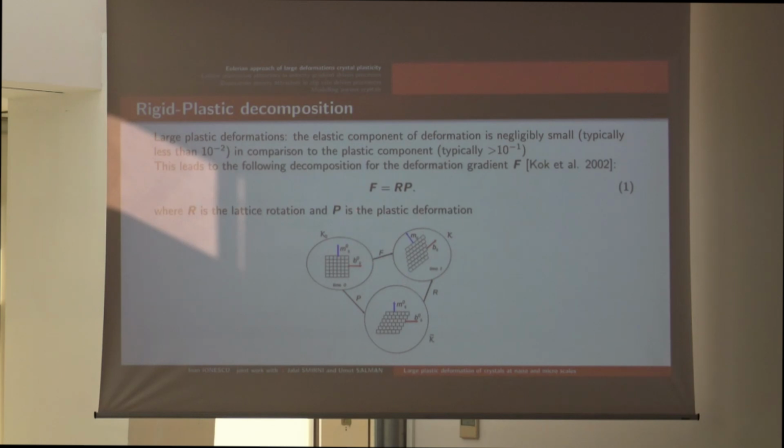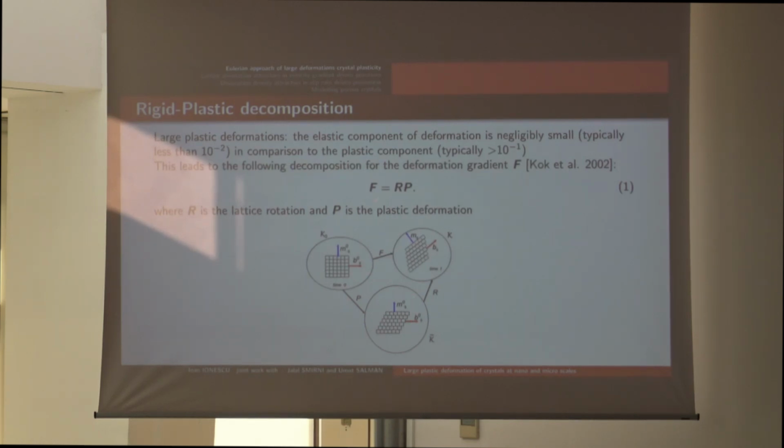And the elastic components are always very small, around 1% for this type of materials. That is why we can neglect them and write the deformation gradient as the product between the plastic deformation and a rotation.